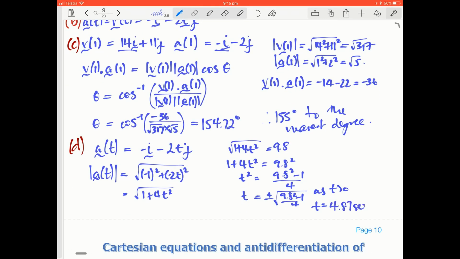Therefore, when t equals 4.87 seconds, we have acceleration magnitude 9.8 meters per second squared.